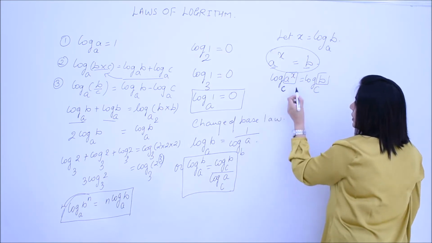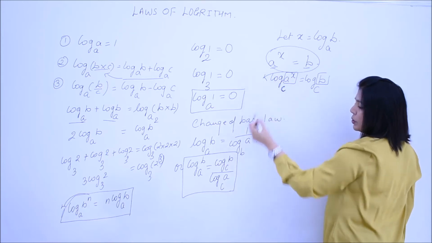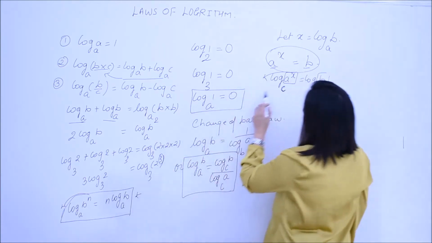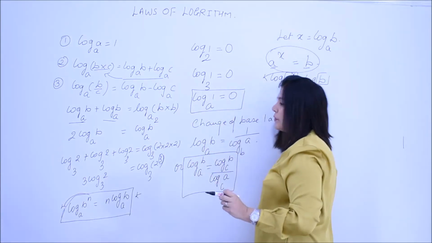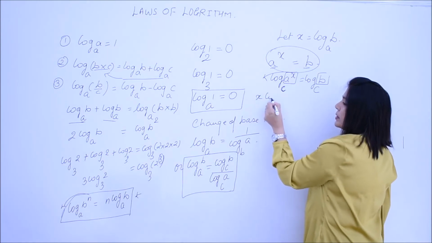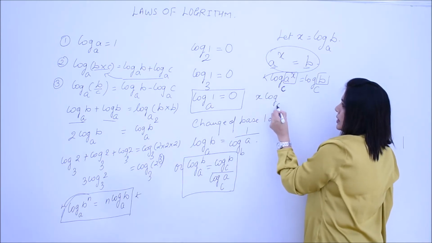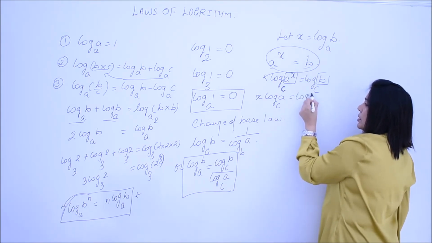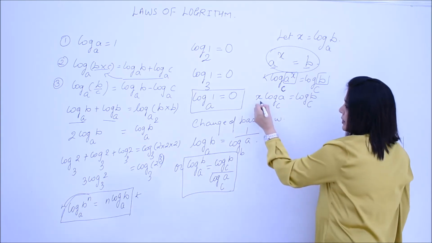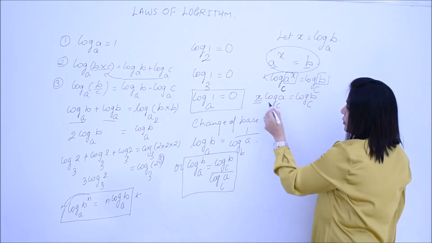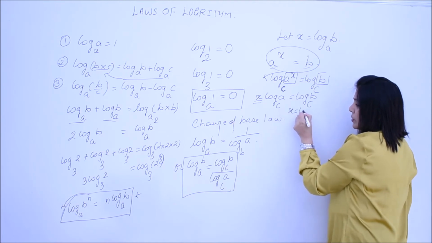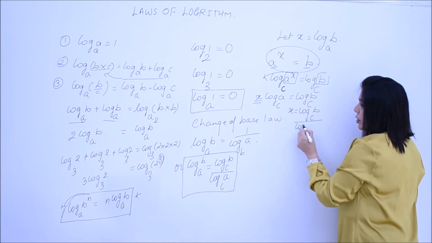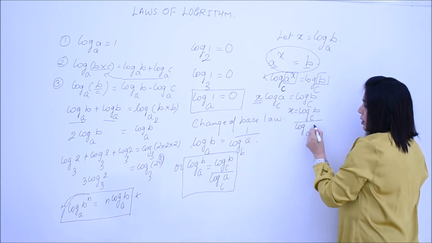Now further, we can write this x as a coefficient by using the law which we have learnt here, that when it is raised to some power, we can write that as a coefficient. So that becomes x log c a is equal to log c b. Further, let's find the value of x. I'm going to keep x as the subject. That's going to become log to the base c of b divided by log to the base c of a.